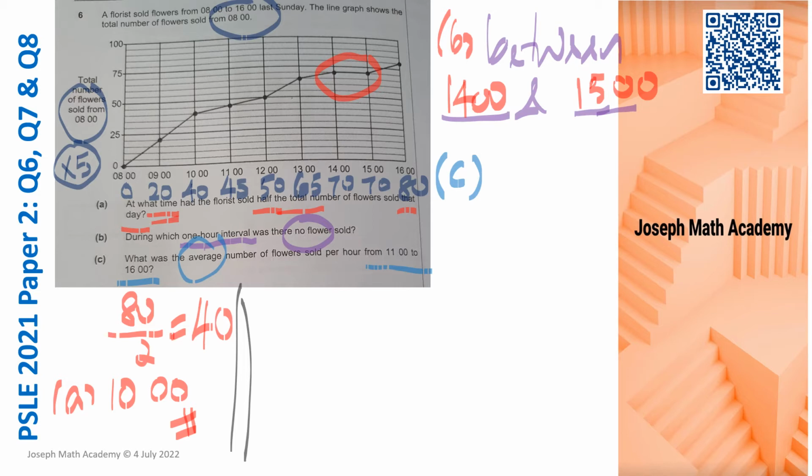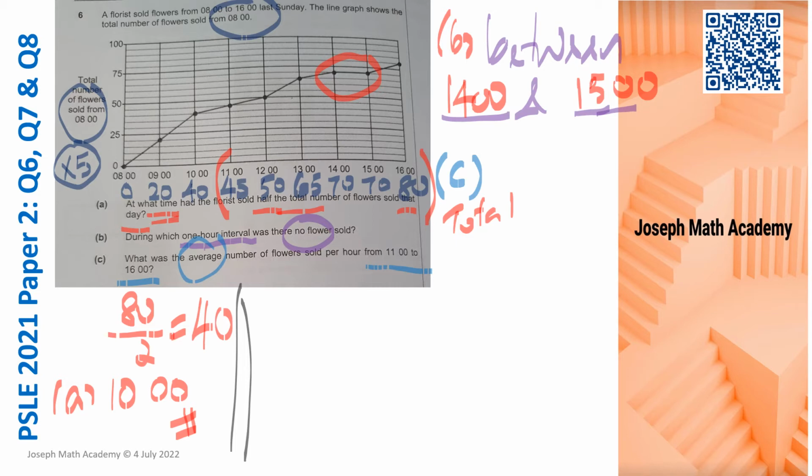That means we are looking at 11 a.m. to 4 p.m. To find the average, we need to know the total. From 11 a.m. to 4 p.m., we want to find what was sold. So be careful, it is not a total of 6 hours. It's actually based on the intervals.